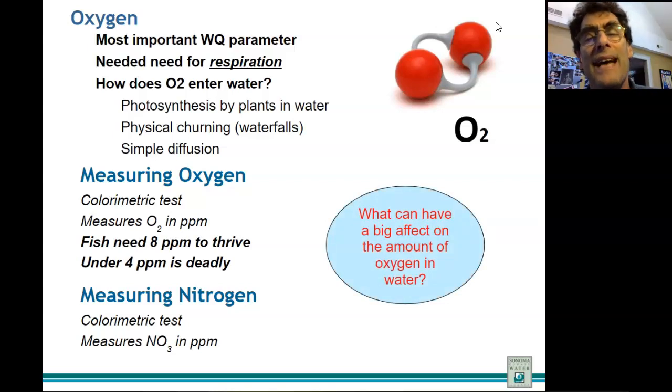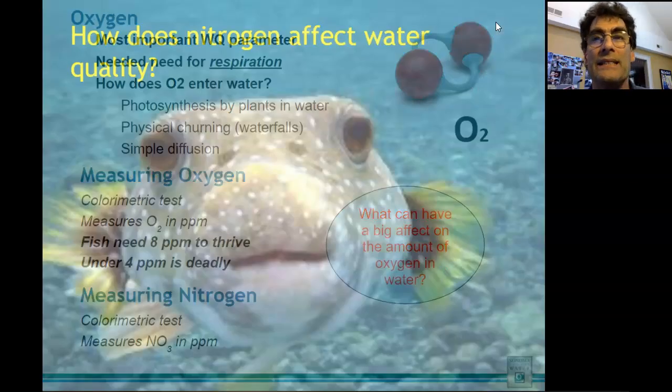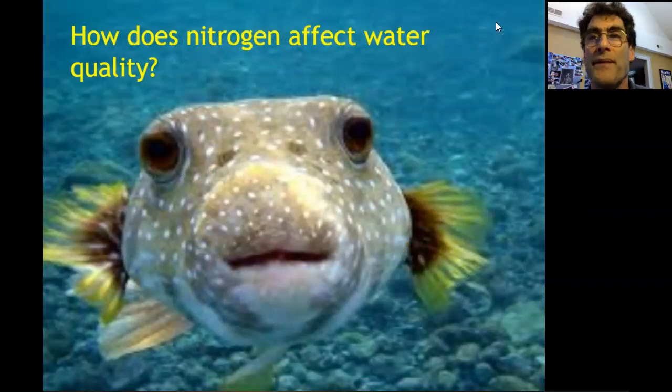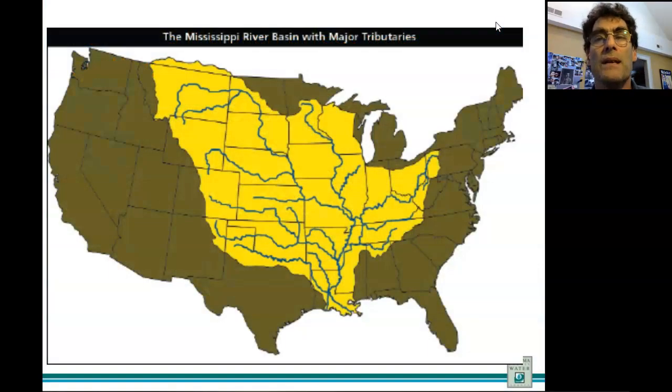So what affects the nitrogen in the water? What can have a big effect on nitrogen in the water? And I think you know that would be fertilizer and things like that, right? So we've talked about that already. Here's that Mississippi River.